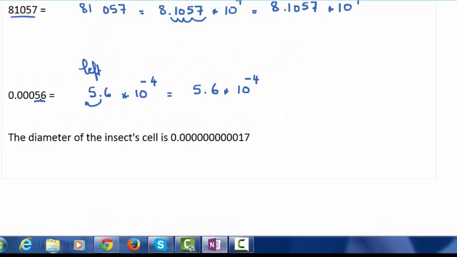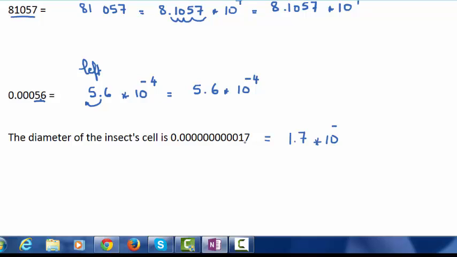If I'm reading this number, I have to focus many times, and maybe I have to repeat many times how to read this number. 1, 2, 3, 4, 5, 6, 7, 8, 9, 10, 11, 12. Oh, I don't know how to understand it. But it's better to say this number is exactly 1.7 times 10 exponent negative, because it's very small.